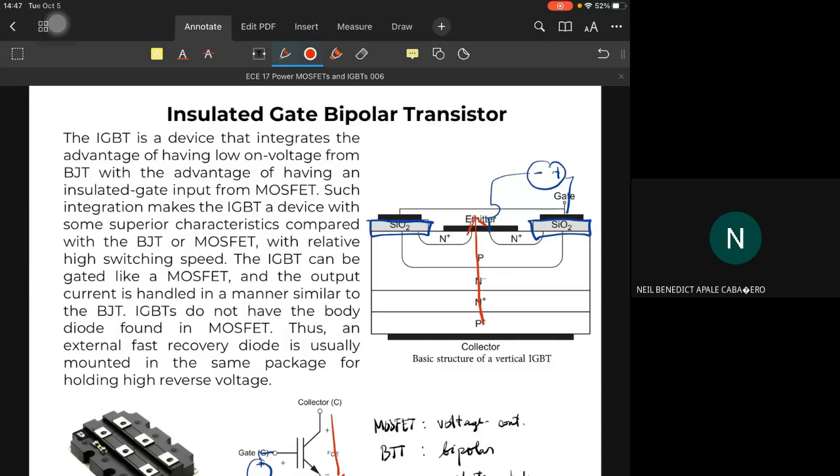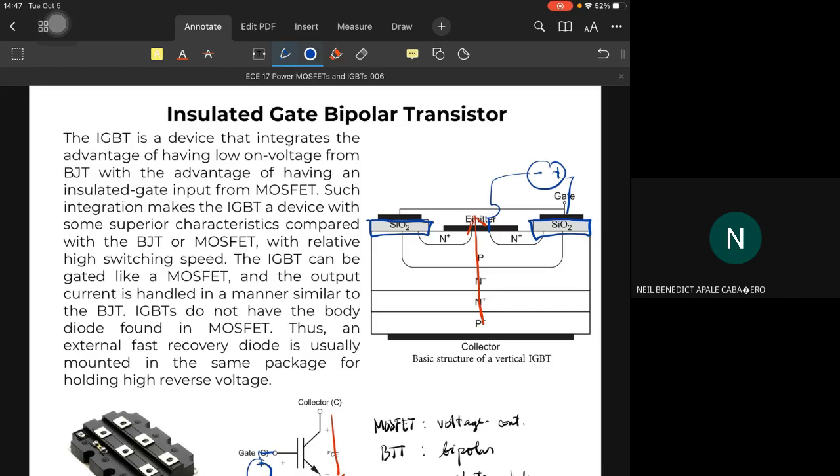In the BJT, VBE is equal to 0.7, so the same here, it has a low threshold voltage, unlike the FET, which is much higher compared to the BJT. Such integration makes the IGBT a device with some superior characteristics compared with the BJT or MOSFET, with a relatively high switching speed, the same as the MOSFET. An IGBT can be gated like a MOSFET, and the output current is handled in a manner similar to the BJT.